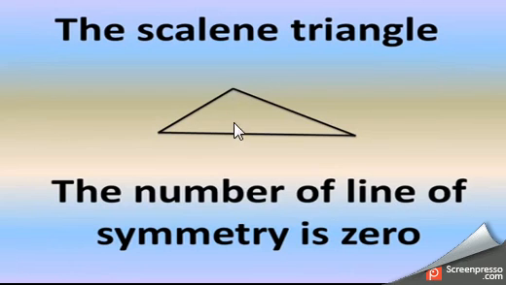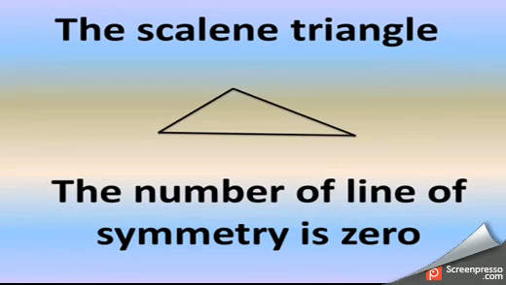If I draw this line here, will this part completely cover this part? No, mister, because this part falls here and doesn't completely cover this part. So the number of lines of symmetry of the scalene triangle is 0.